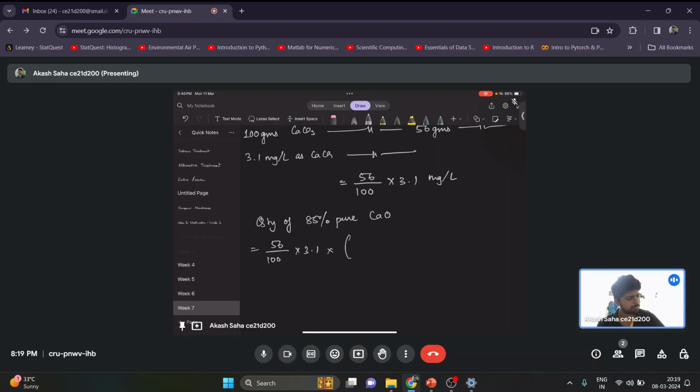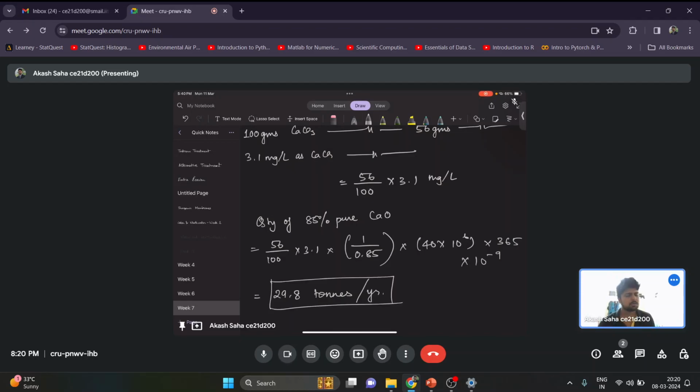Now it is 85% pure, so 1 by 0.85, into the discharge 40 into 10 to the power 6 and into 365 days. To convert into tons, we multiply by 10 to the power minus 9. So this is the overall quantity, and we get 29.8 tons per year. So I think it's pretty simple. 29.8 tons per year of CaO is required to do the coagulation.